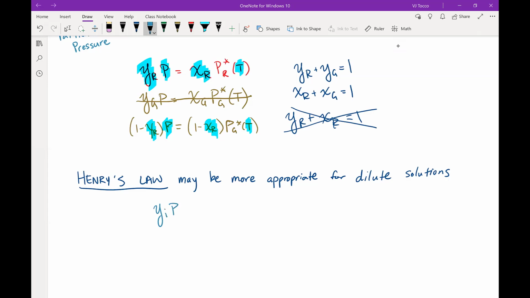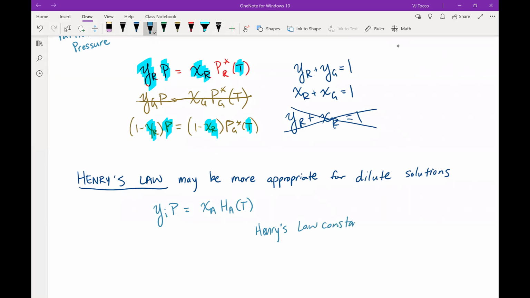So Henry's law goes Yi times P, so same exact left-hand side, is equal to XA times, instead of P star, this is HA of T, where HA is Henry's law constant. And this parentheses T, again, reflects that Henry's law constant is a function of temperature.